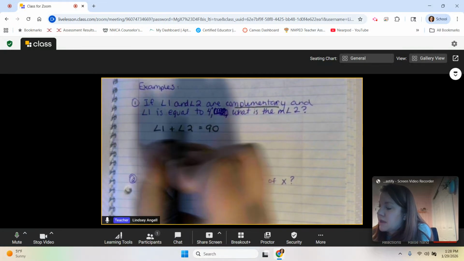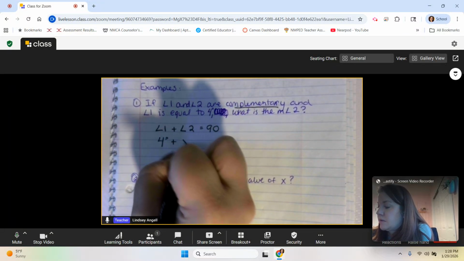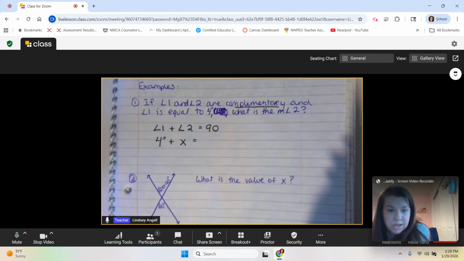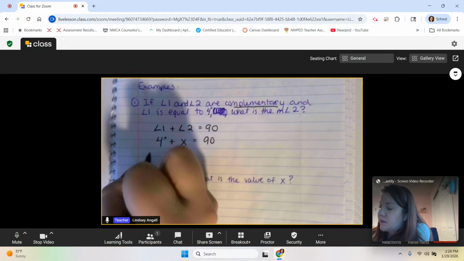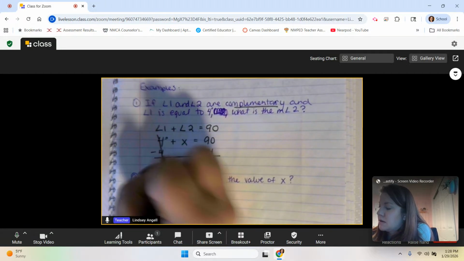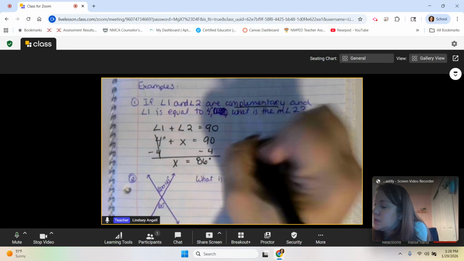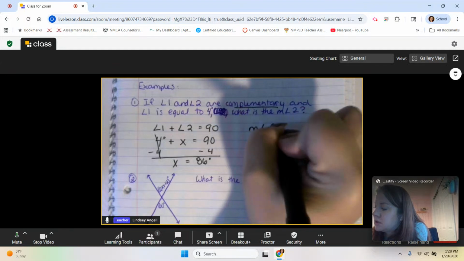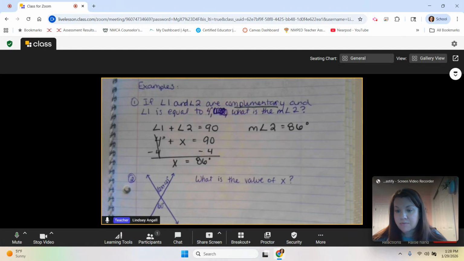Well, we know that angle 1 is equal to 4 degrees plus, and then we could call that x for angle 2 if we want, is 90 degrees. Well, take the 4 away that we know from angle 1. Those cancel and we'll be left with 86 degrees. So the measure of angle 2 is equal to 86 degrees, based on the definition of complementary angles. Okay?